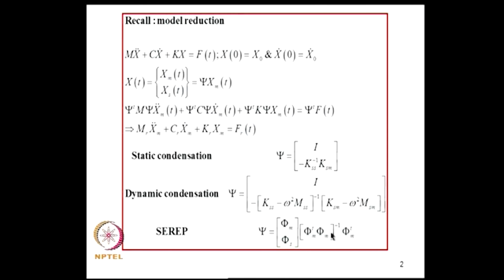Here again we need to partition the degrees of freedom into master and slave. In addition, we need to also specify the modes of the larger model which need to be replicated in the reduced model. SEREP has the feature that it exactly reproduces eigen solutions of the larger model; a set of eigen solutions of the larger model are retained in the smaller model. So, these are the three techniques that we discussed.